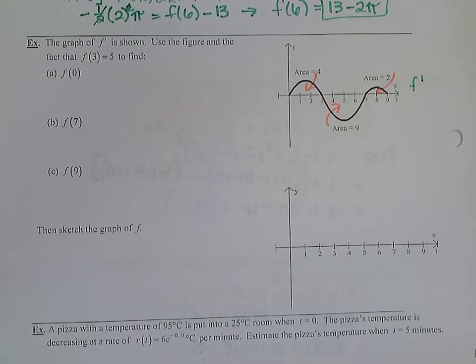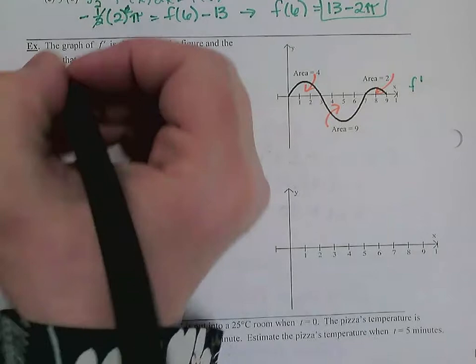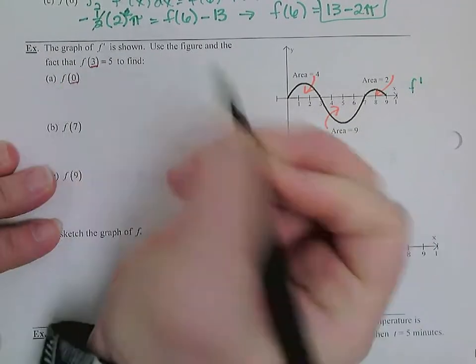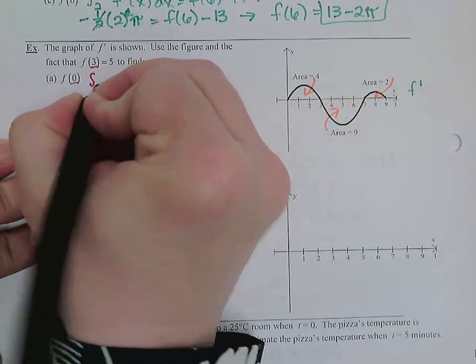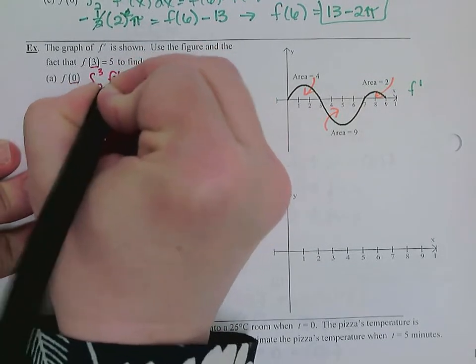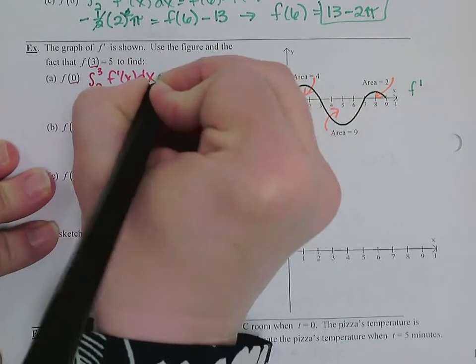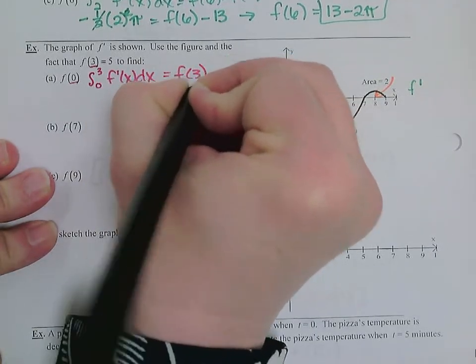So f of 0, if we use the fundamental theorem, I want to know 0. I know something about 3, so I'm going to look at the integral from 0 to 3 of f prime of x dx, which is going to be f of 3 minus f of 0.